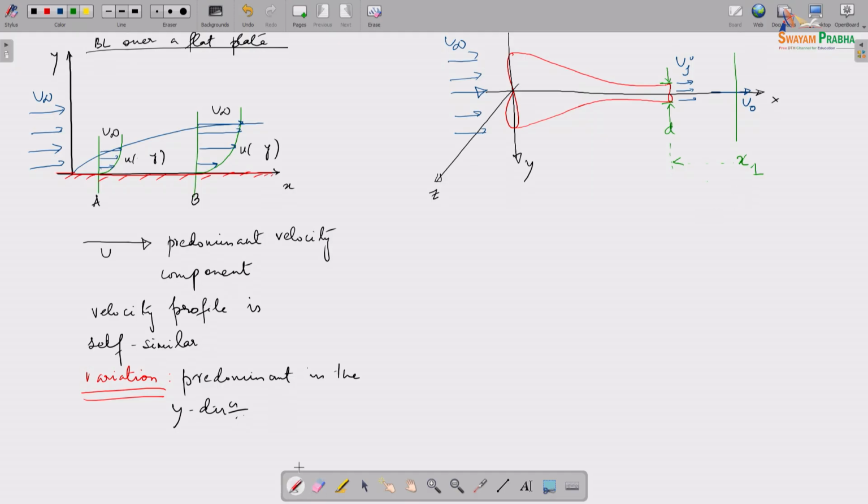So I will write here that x is greater than 25d, so this is beyond the developmental length.